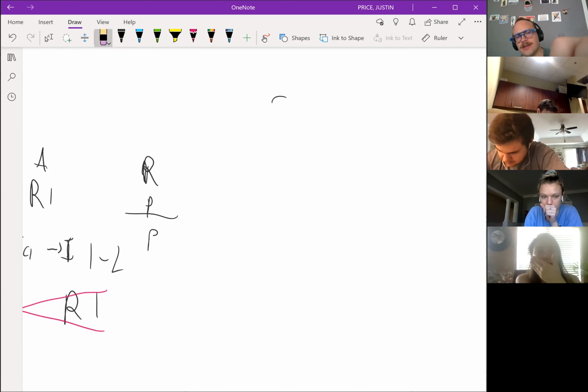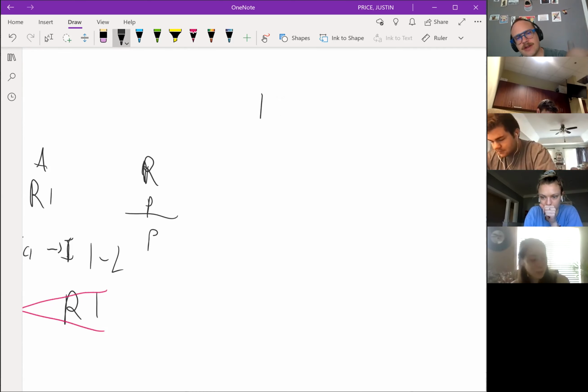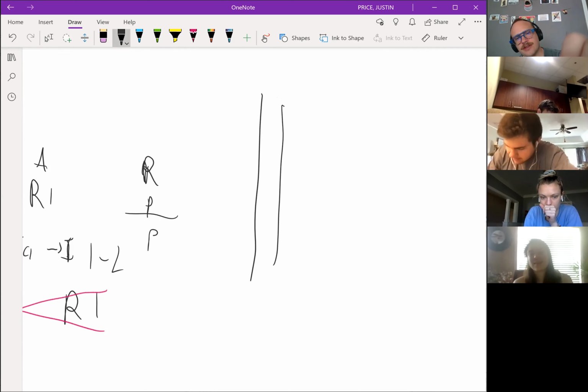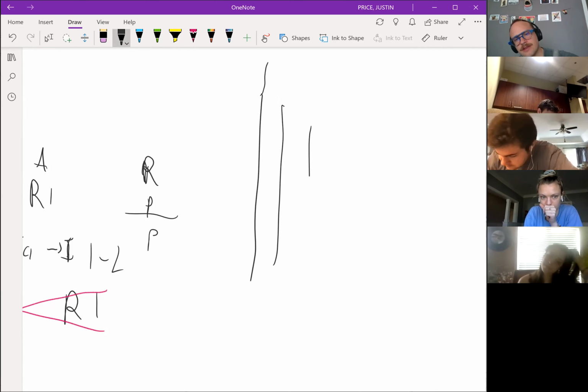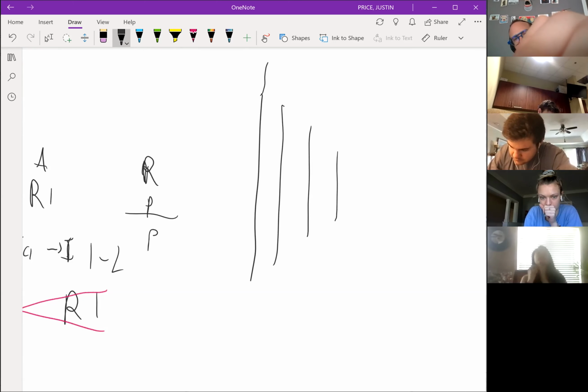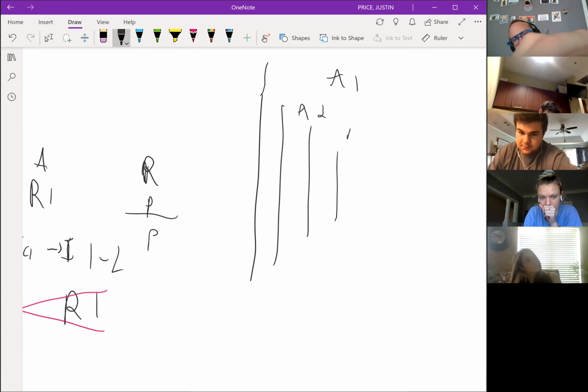Let me give you guys a general picture, maybe this will be helpful to screenshot. We've got a bunch of assumption lines, A1, A2, A3, A4.